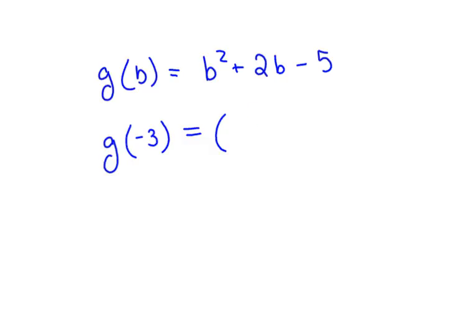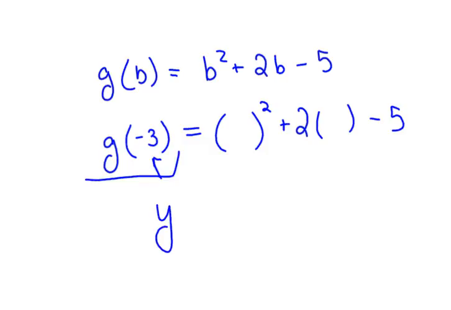All right, that means I have to put some parentheses in. And what goes inside the parentheses is going to be what's inside the parentheses here. Remember now, the g of 3 does not get computed. What I'm really saying is what is y when b is negative 3. I'm going to leave this one for y'all to do.